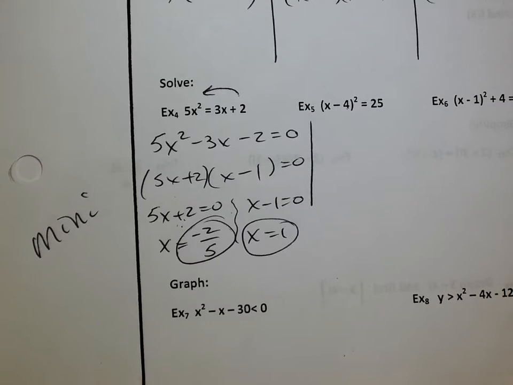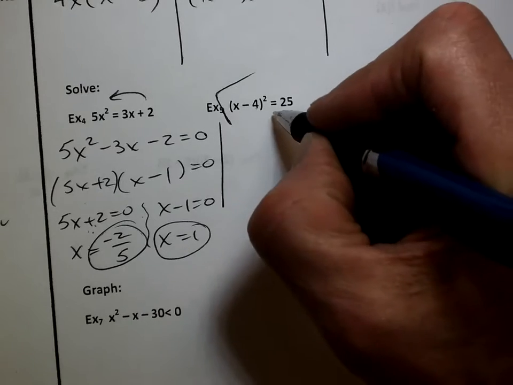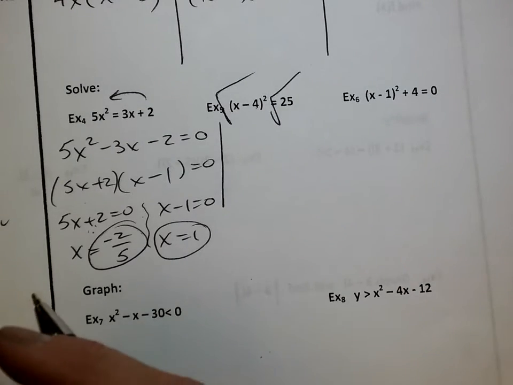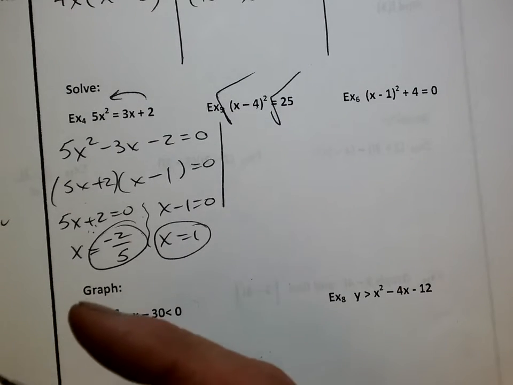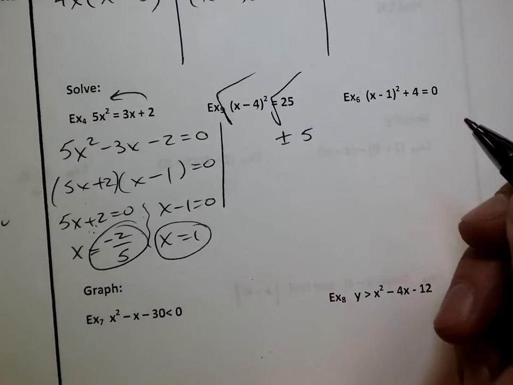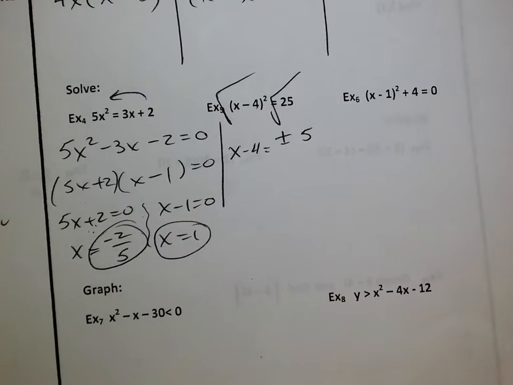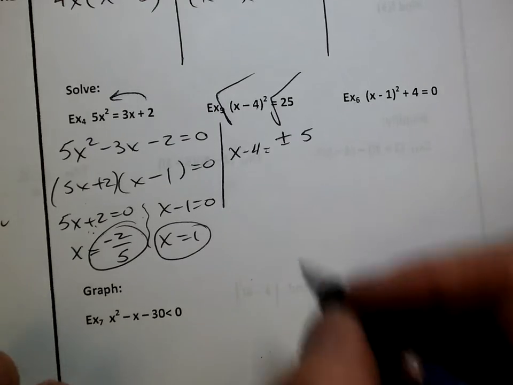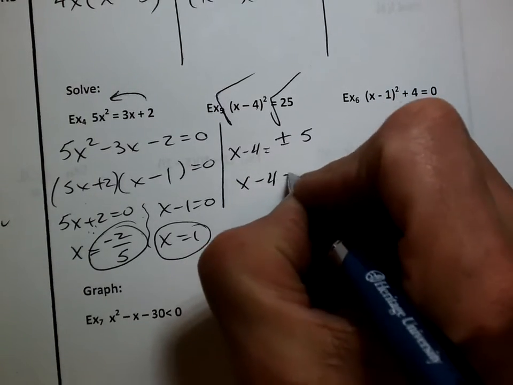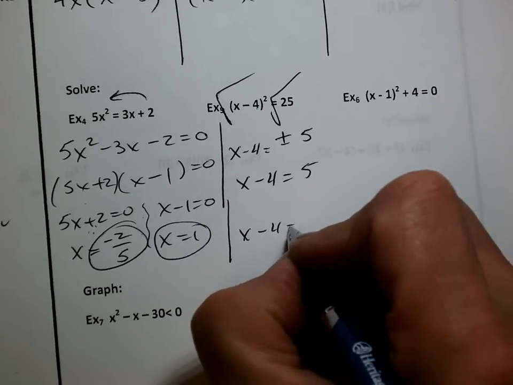Okay, example 5. Square root. 2 answers. Square root of 25 is plus or minus 5. So I have an x minus 4 equals that. Now we want mini equations. So I'm going to take my x minus 4 and set it equal to 5, and I'll take my x minus 4 and set it equal to negative 5.